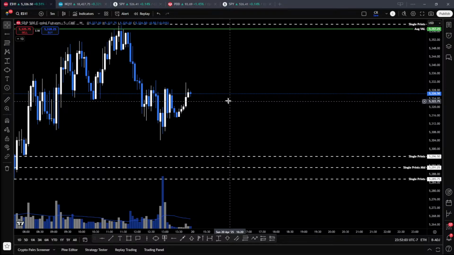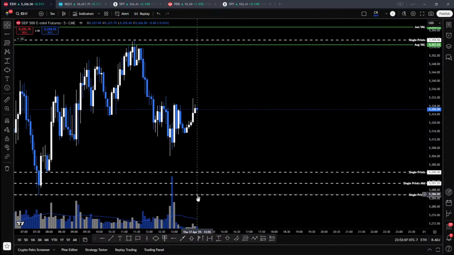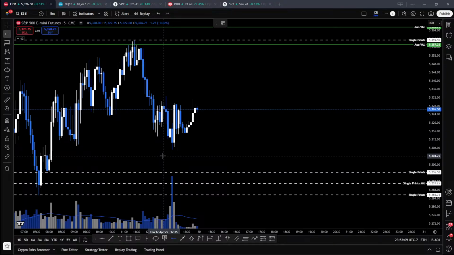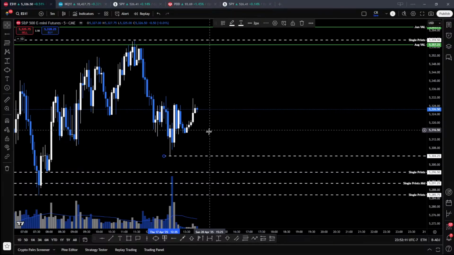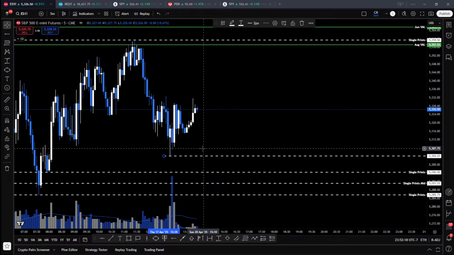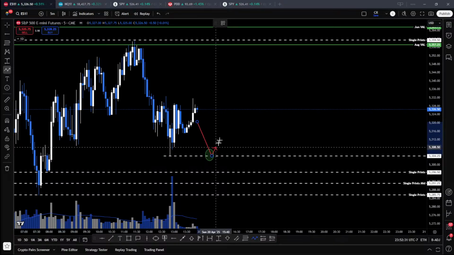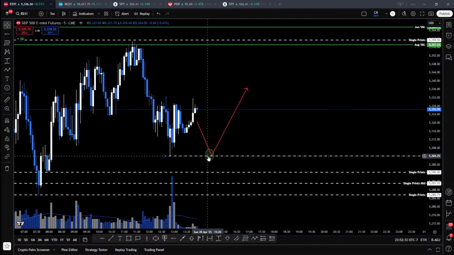And so if you're trying to do what I'm teaching, and I say if we come here, you want to enter long, or in terms that option traders would understand, we would want to be in calls here. But as an option trader, you have to sit there and stare at the chart and wait for price to come down here, and then you have to click buy and hope that you get a good fill.